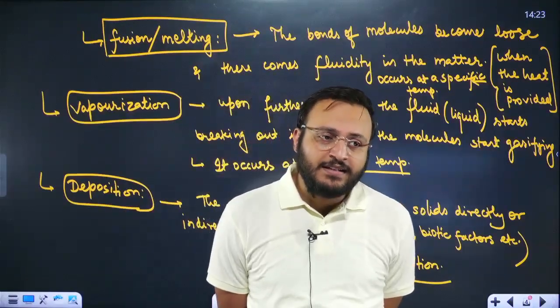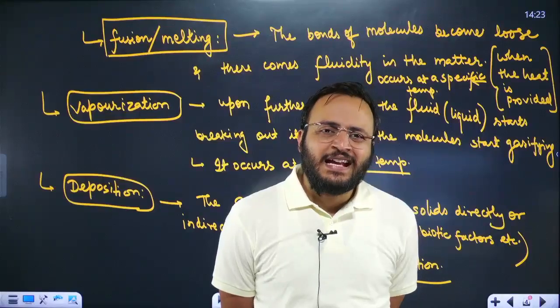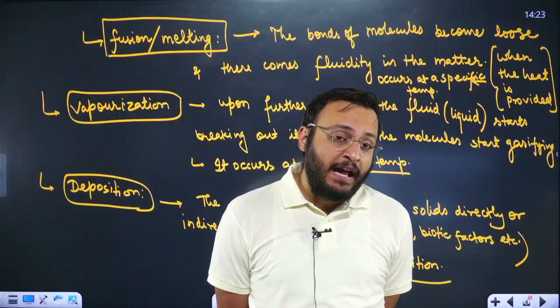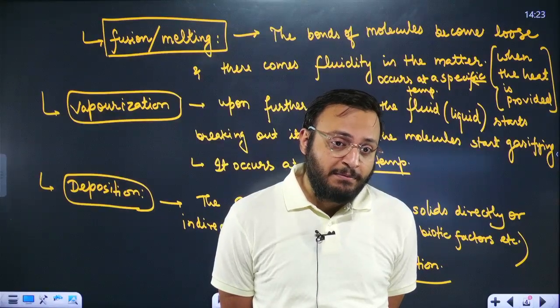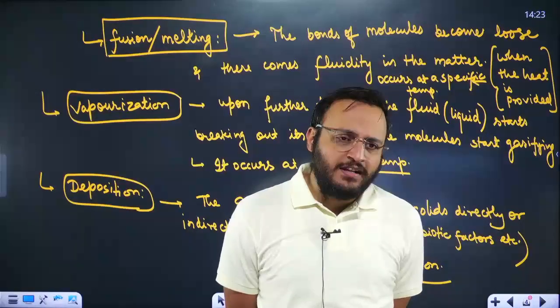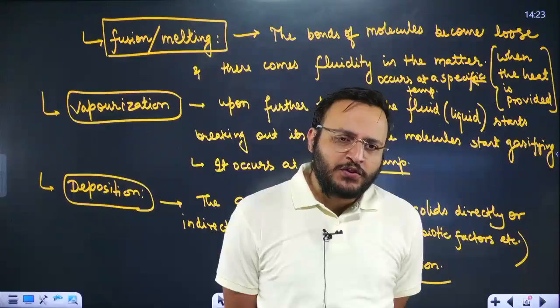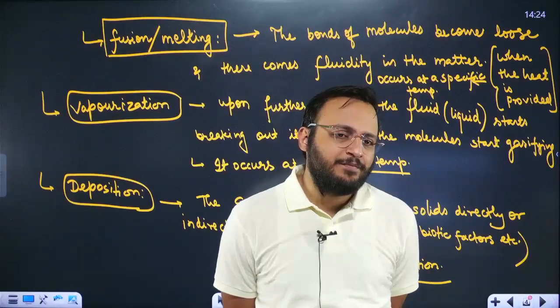But my dear, in certain cases the gases get converted into the solids. For example, have you seen the lamp black, or the kajal? What is that? It is a kind of solid which is the result of the deposition of the gases.